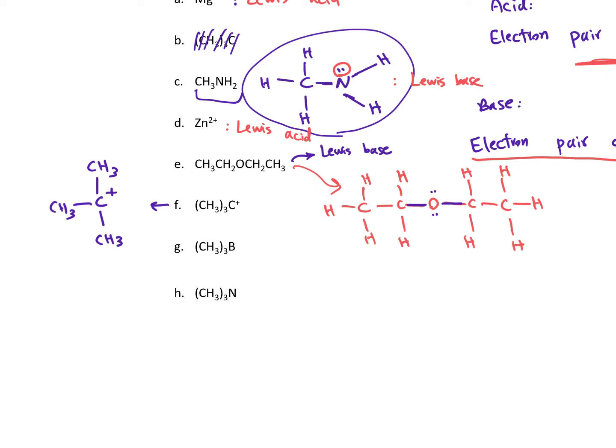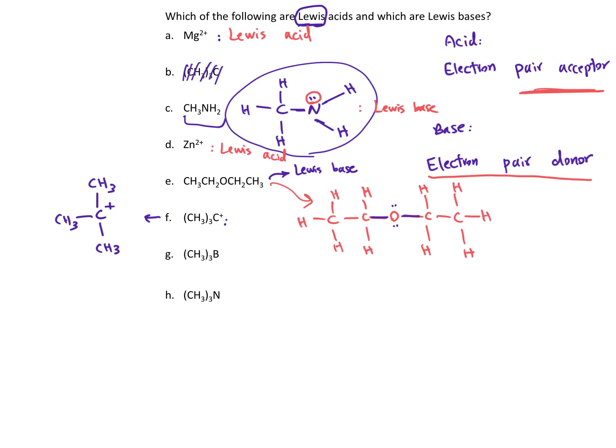Right. So what do you think about this one? Can it donate electrons or accept? Accept, right? Because it has a positive charge and it can accept. So what would that be if it's an acceptor? Exactly, Lewis acid.